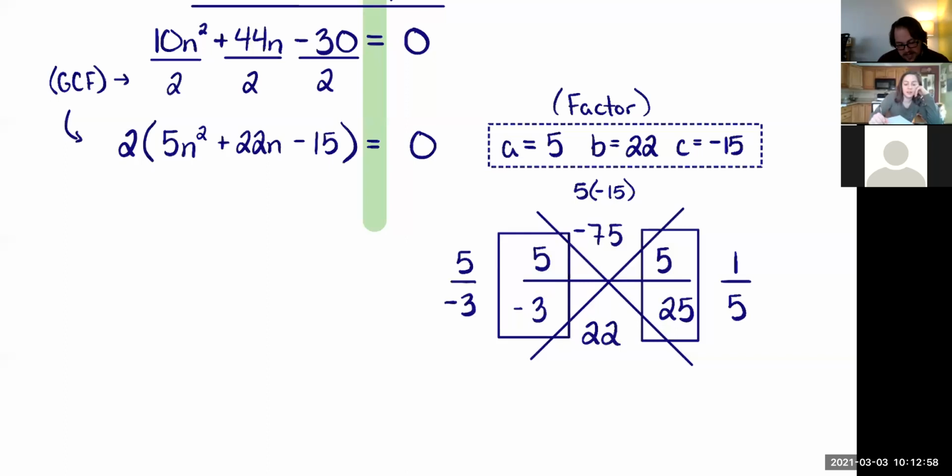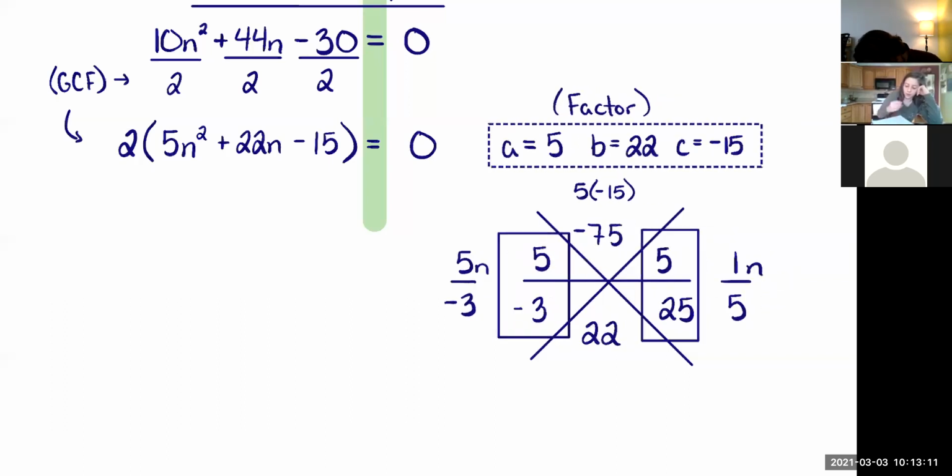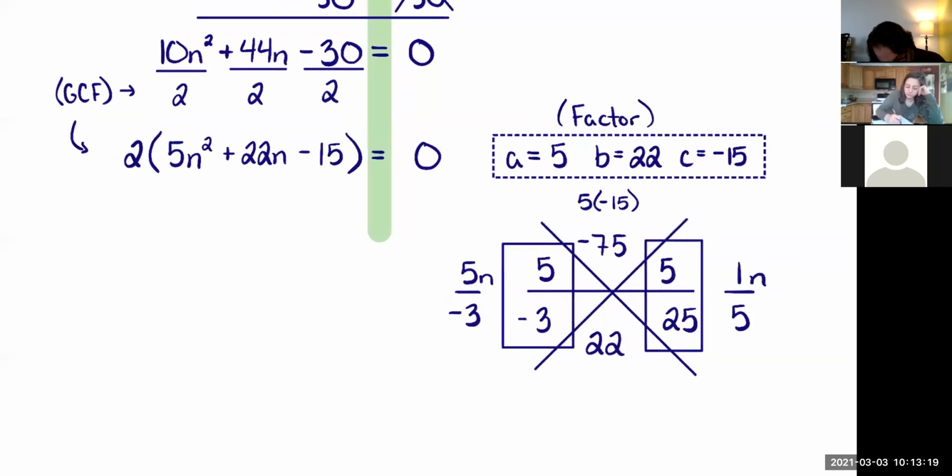And now that's going to allow me to bring back my variable, which was the letter n. So we still have our greatest common factor, which is 2.